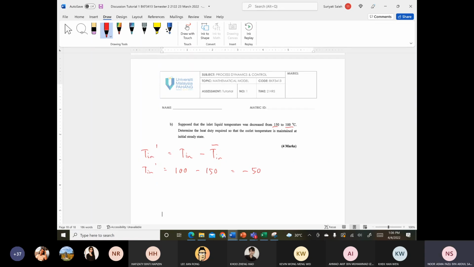And then the second sentence: determine the heat duty required so that the outlet temperature is maintained at initial steady state. So for the outlet temperature, T prime equals T minus T bar.